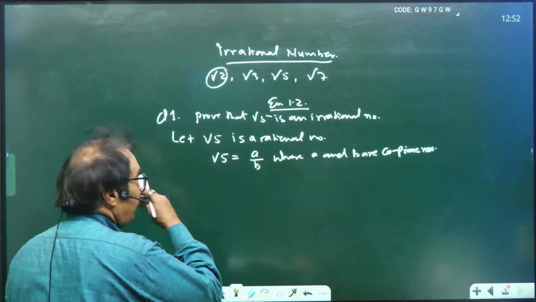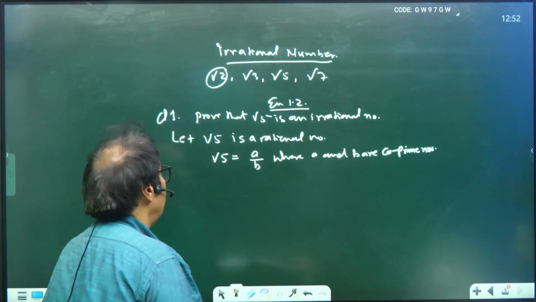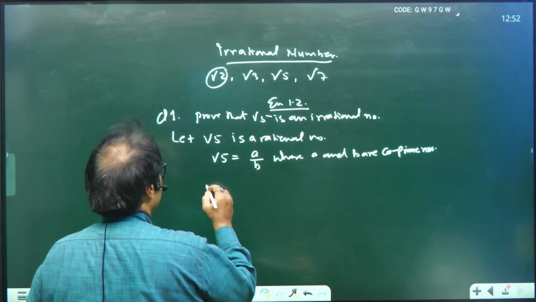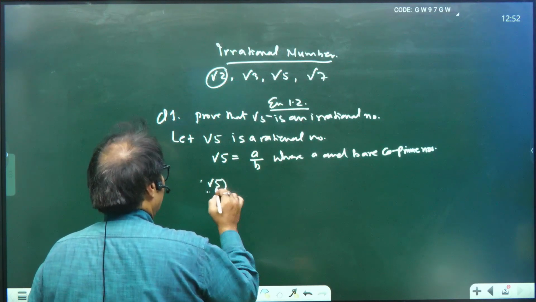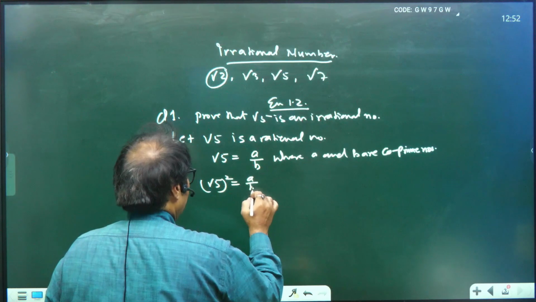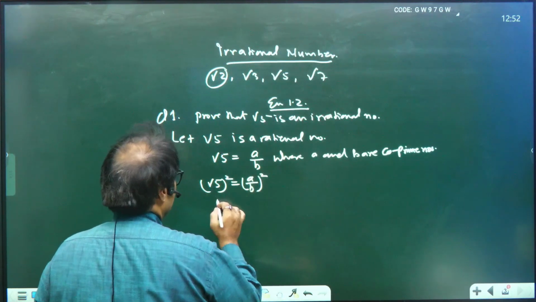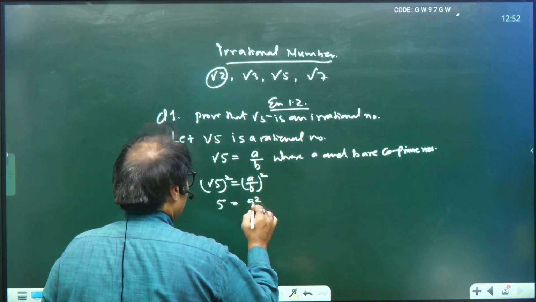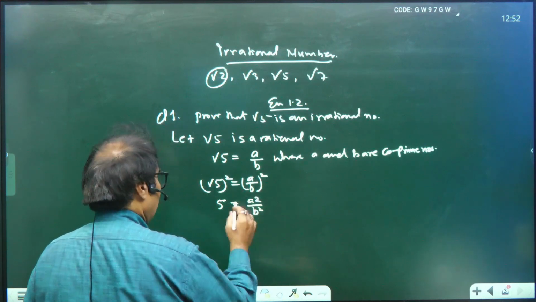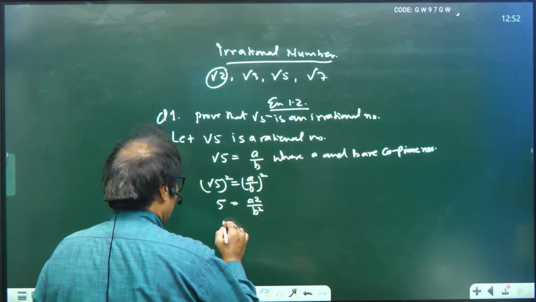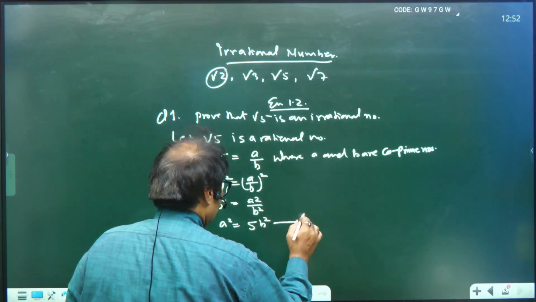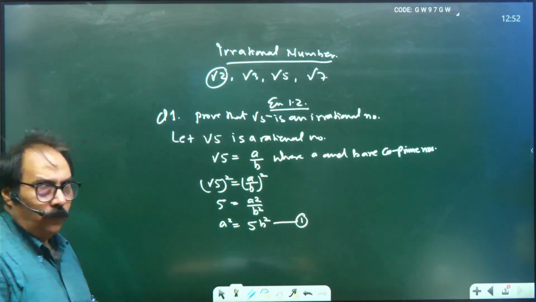Now, squaring on both sides, a by b whole square. So 5 is equal to a square upon b square. By cross multiplication, a square is equal to 5b square. Call this relation number 1.